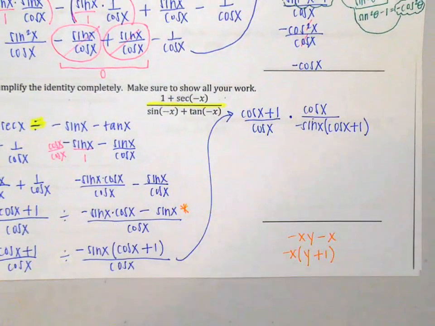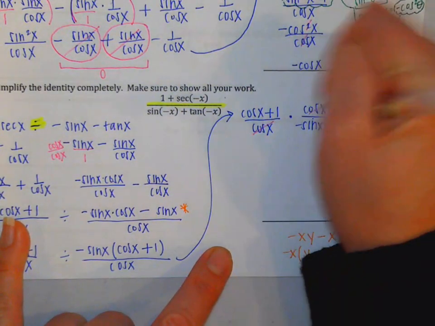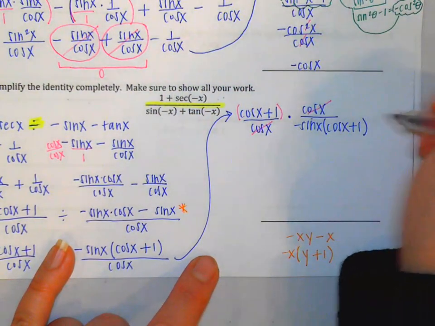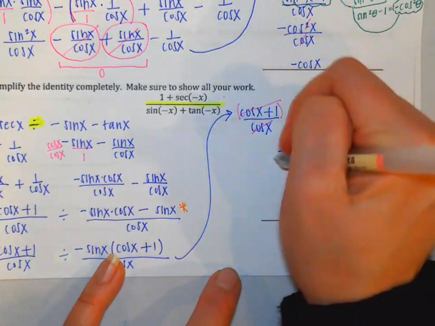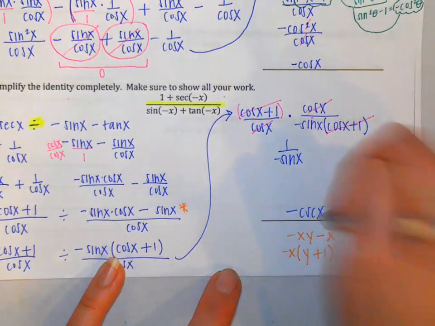And this is where the fun part comes, because we can cancel. So I can cancel this cosine and cosine. Yay. And I can cancel the cosine x plus 1 and the cosine x plus 1. And so I have 1 over negative sine x to get me negative cosecant x.